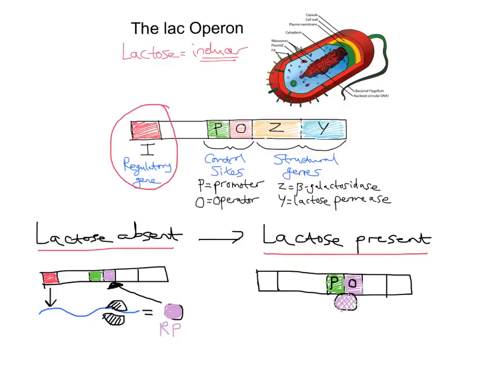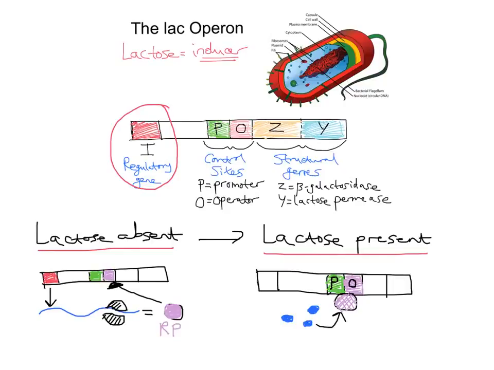When we introduce lactose, or these lactose molecules, and if we say these blue dots here are our lactose, when lactose is now present, it binds to this repressor protein. It changes its shape, so it can no longer bind to the operator region.